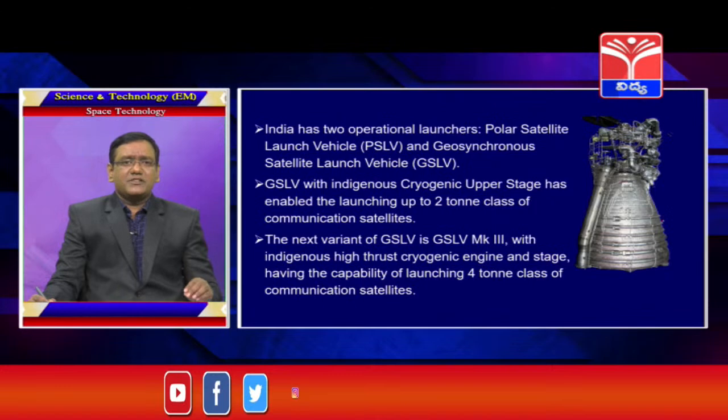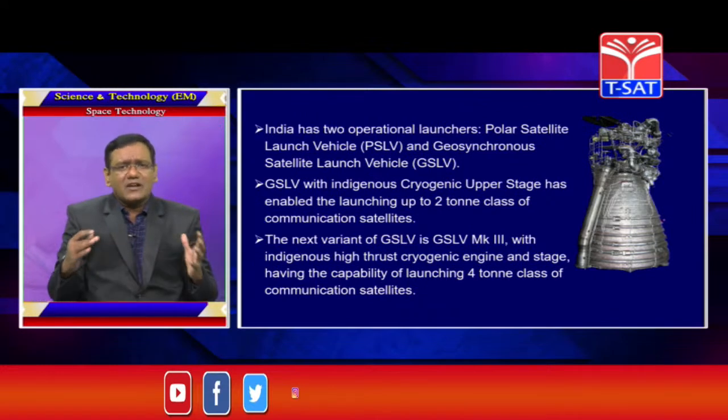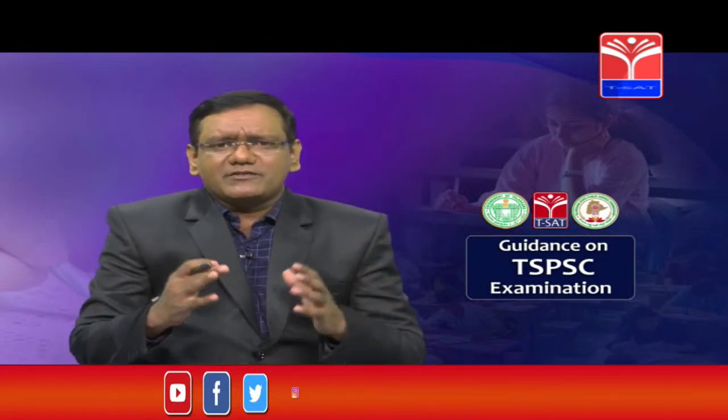The next variant of the GSLV is the GSLV Mk3 with the indigenous high thrust cryogenic engine and a stage capable of launching 4-ton class of communication satellites. If we want to use bigger satellites, obviously the satellite's weight would increase. Smaller satellites have less weight, bigger satellites have more weight.